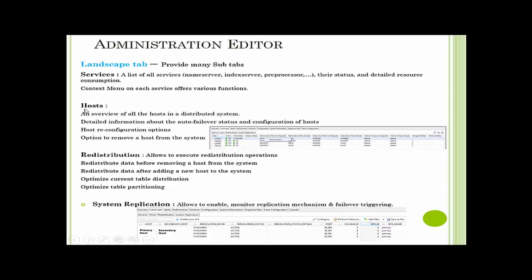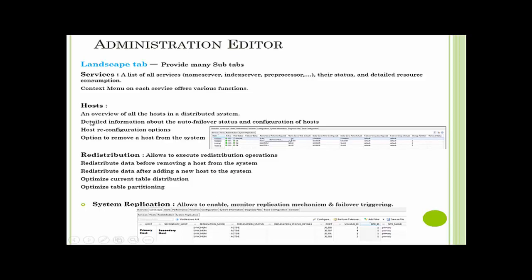And coming to the hosts tab, an overview of all the hosts in a distributed system is shown. As seen here, you can see multiple hosts: host A, host B, host C, and host T. The functionalities of each host, their main roles, and the status of each can be seen here.